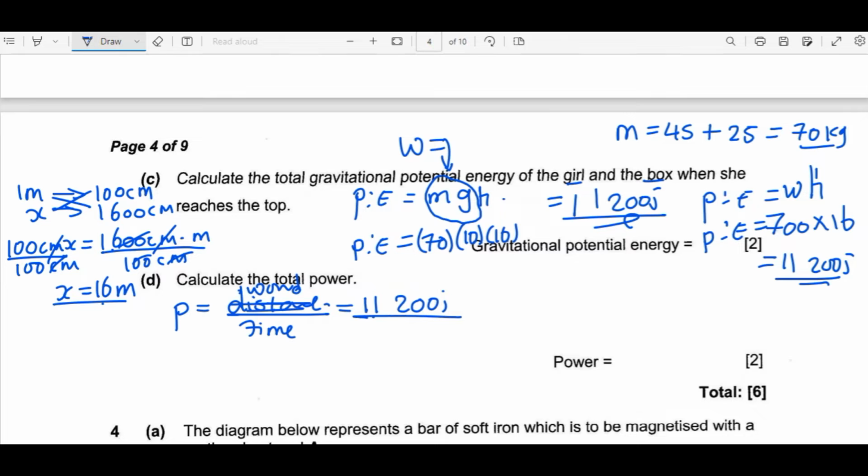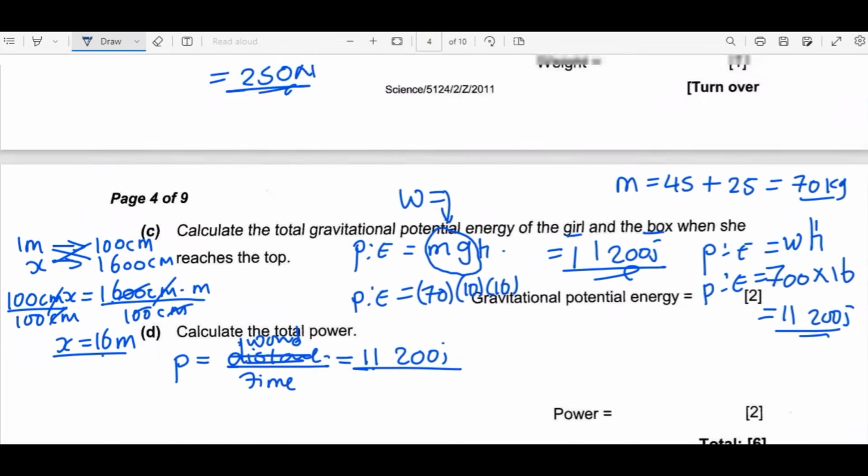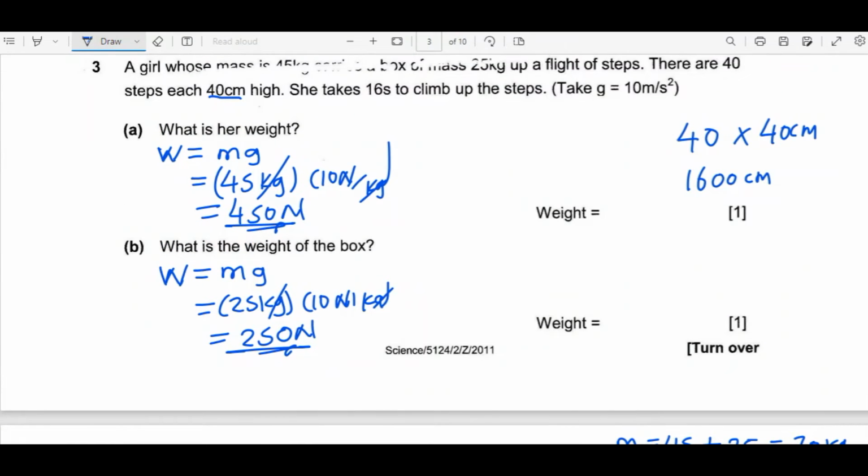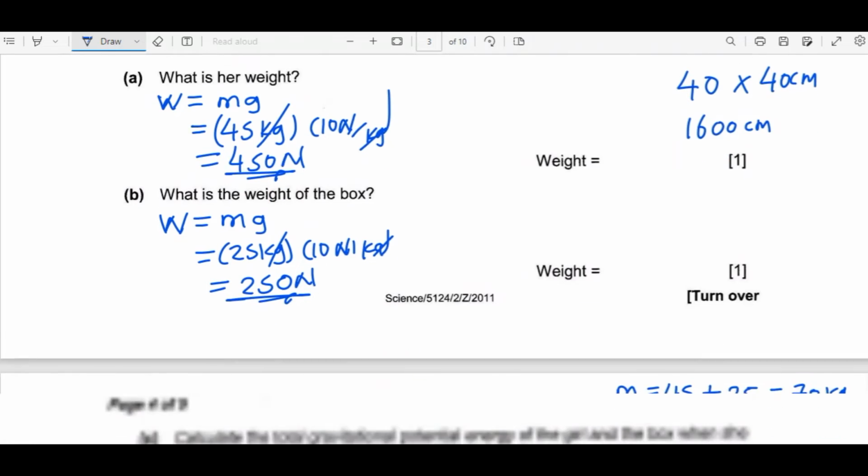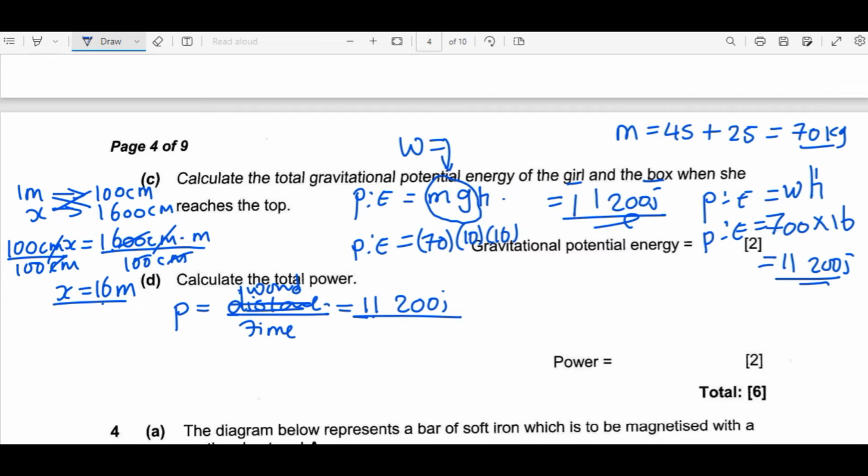Then divided by the time. Time is given from the first statement. We are told she takes 16 seconds, so we are going to use 16 seconds as time. So 11,200 divided by 16. So I'm getting 700 watts as the power.